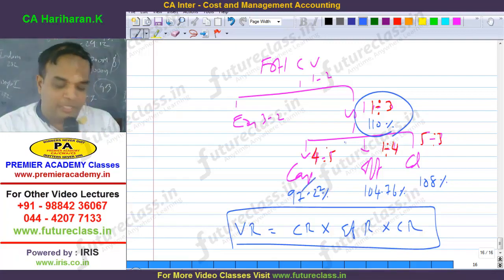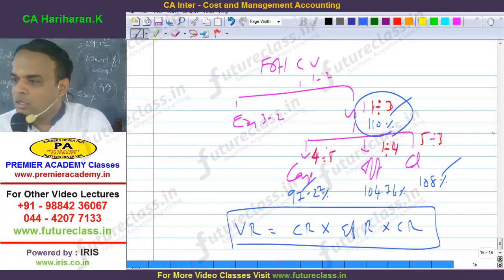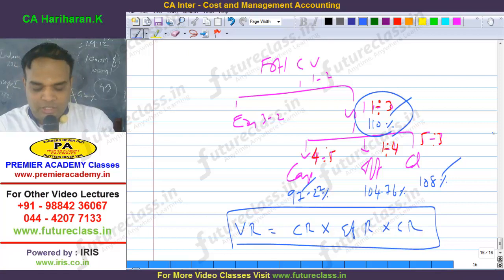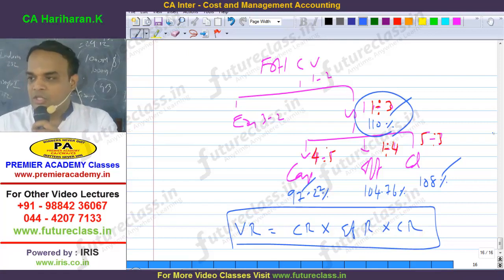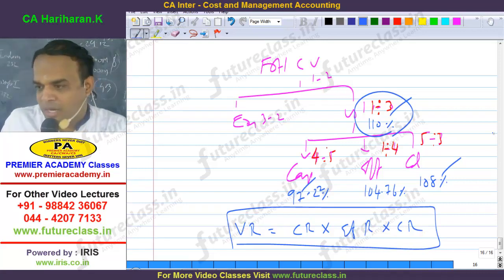Capacity ratio 97.22%, volume ratio 110%, calendar ratio 108%. Find efficiency ratio. Possible or not possible? All of you. Let x be efficiency. 97.22 into x into 108 is equal to 110. So by way of reverse working, I will do. Comfortable or not? So volume ratio is equal to what into what into what?